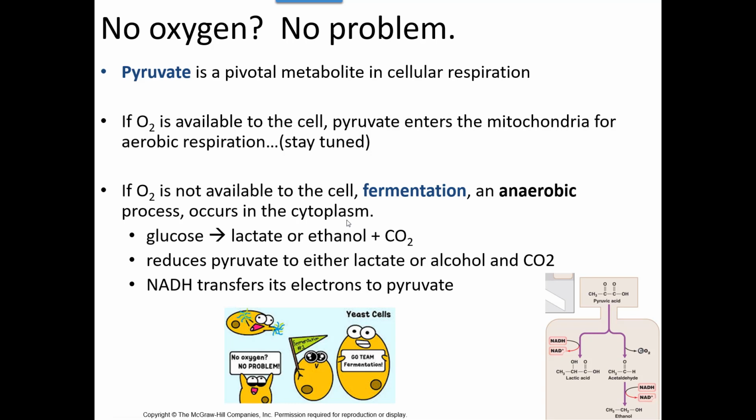So glucose can, without any oxygen present, turn into lactate, depending on what the organism or what cell it is that's breaking down glucose, or it can turn it into ethanol and carbon dioxide. My fun fact, ethanol and carbon dioxide is released when you are making bread. So yeast can take sugar and break that sugar down without any oxygen present through fermentation and make ethanol and carbon dioxide.